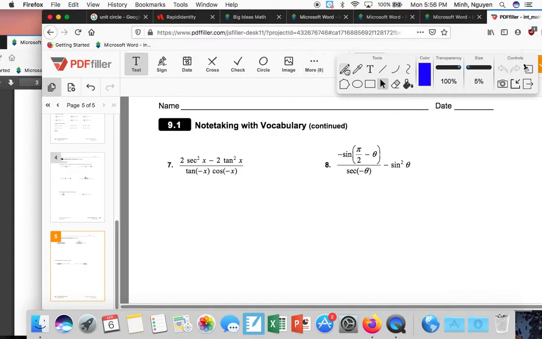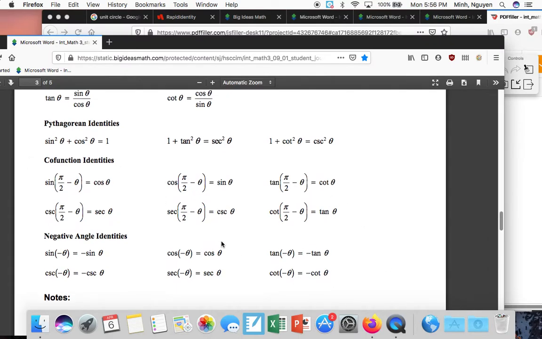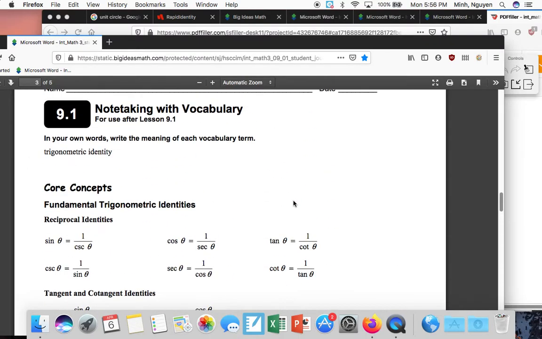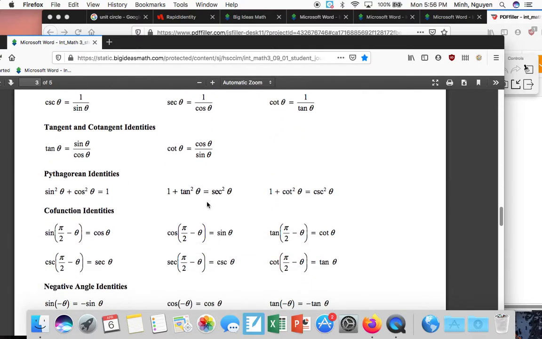So let's see. I'm going to go ahead and start off by factoring this 2. So 2 times secant squared x minus tan squared x. After I factor it, then I can look at my identities. The only one that relates tan to secant is this one.